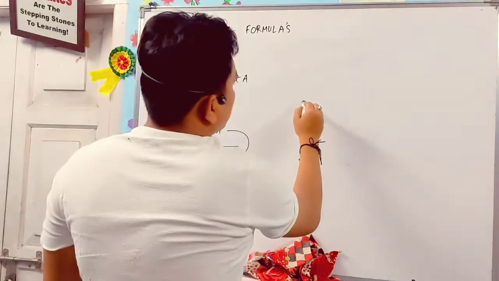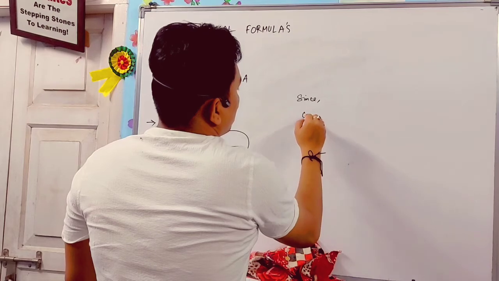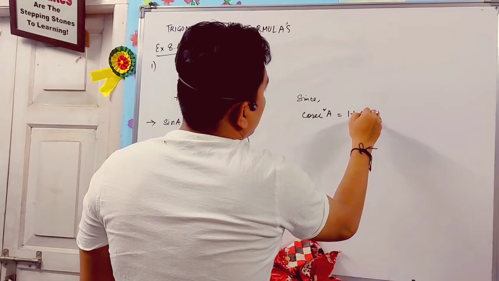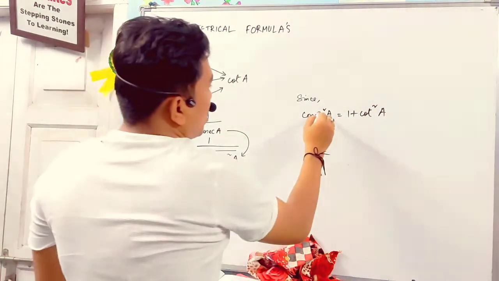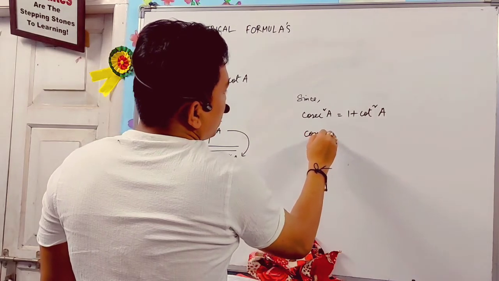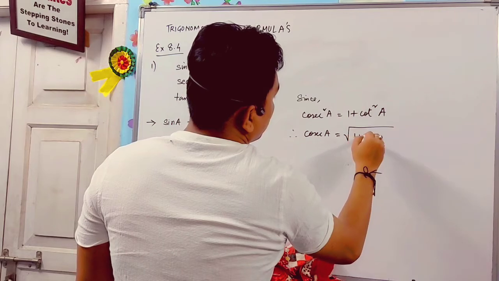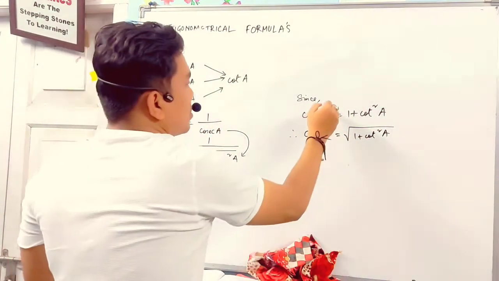You see here, since cosec square A is equal to 1 plus cot square A, cosec A will be equal to the square root of 1 plus cot square A. Now, there was a square here.